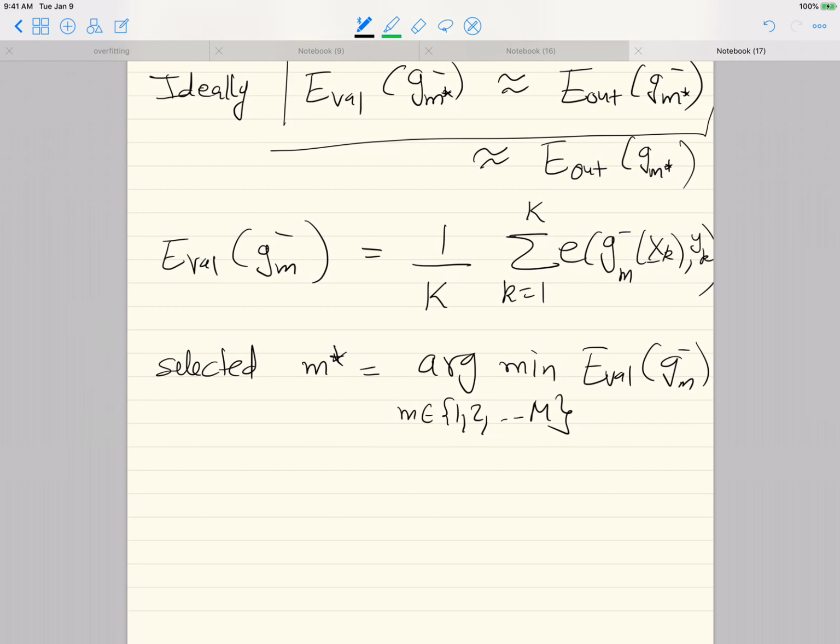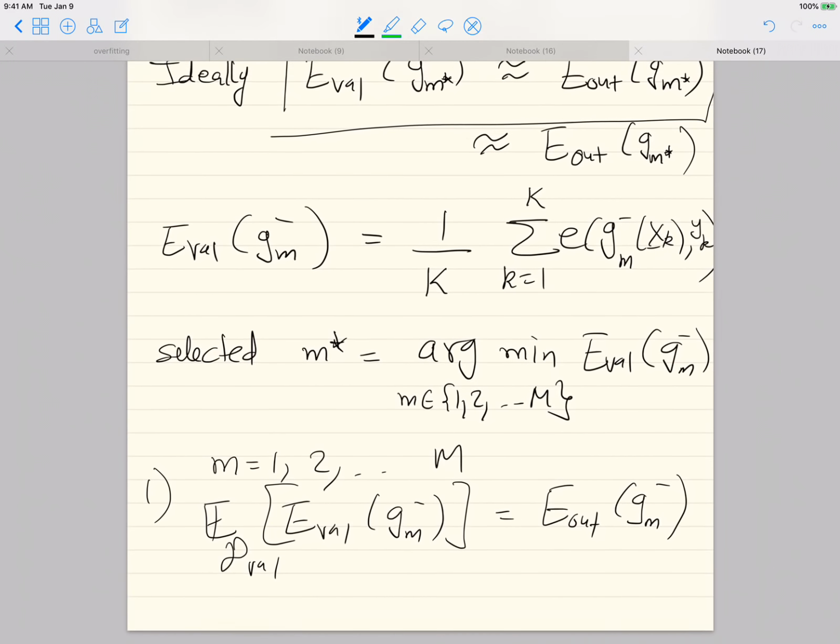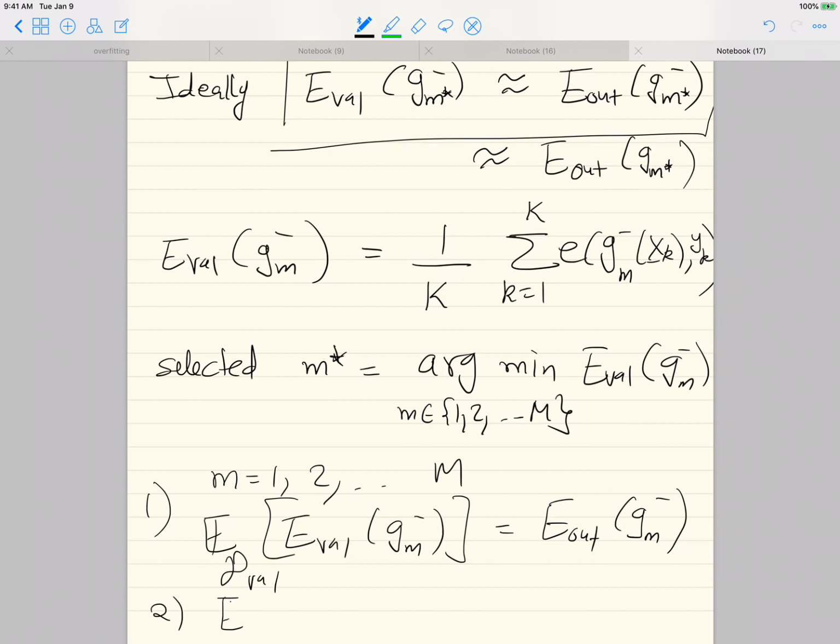So I have two questions here. One is, is it true that for each m equals 1, 2 up to M, Eval of gm minus, when we take the expectation, is E out of gm minus? And the second is, is this true when I replace m with m star?